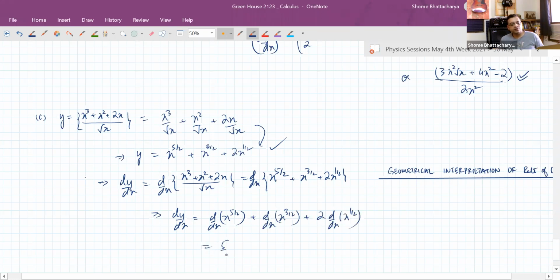So this becomes 5 by 2 x to the power 3 by 2 plus 3 by 2 x to the power half plus 2 into half x to the power minus half. And then again, it's a matter of how we want to simplify and write it. We can write this like this also, for example.